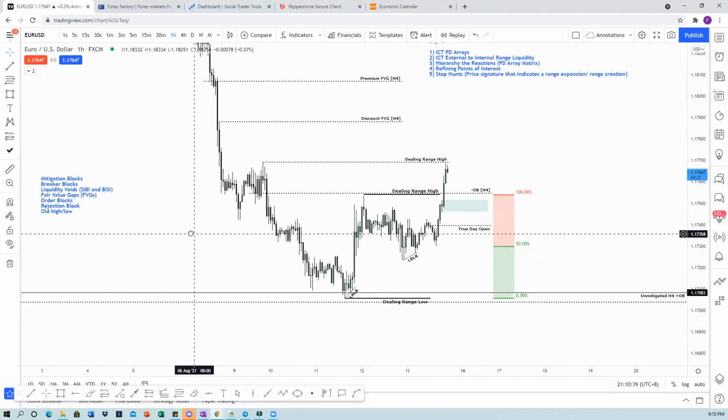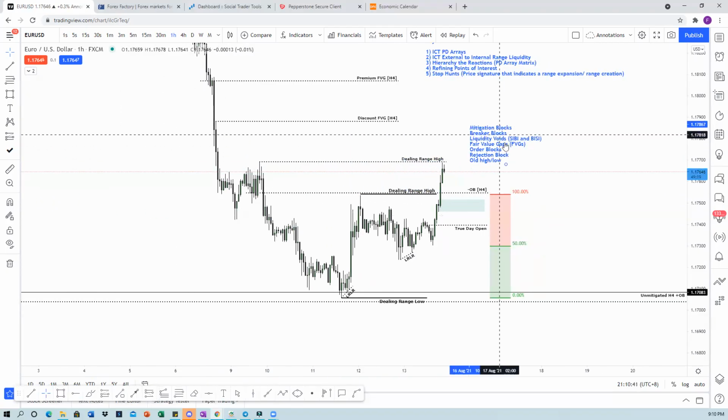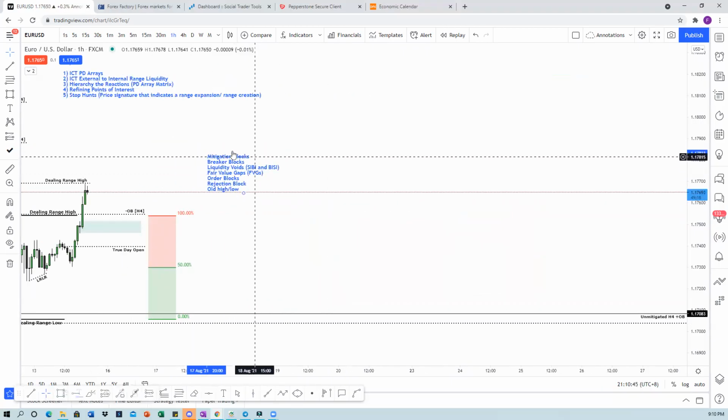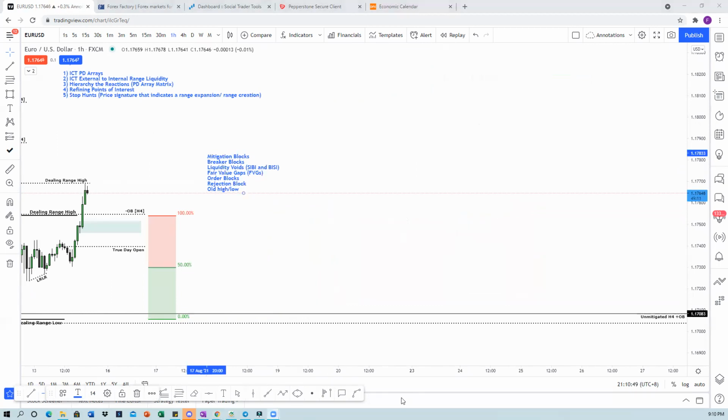Okay. Now, for those that are not familiar with these individual concepts, listen, look closely. When you see a mitigation block, I'll give you both the bullish and bearish examples. When you look at a mitigation block, a bearish example is when price makes a high, lower high, and drops.